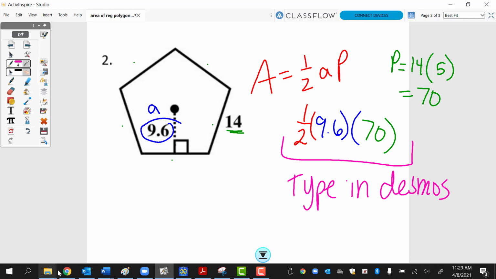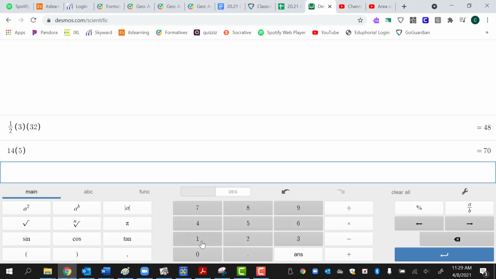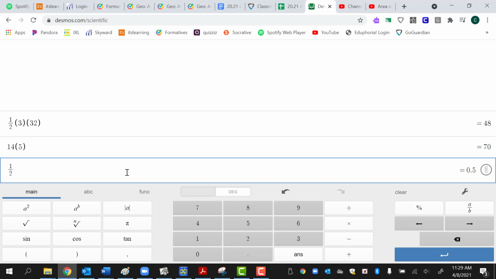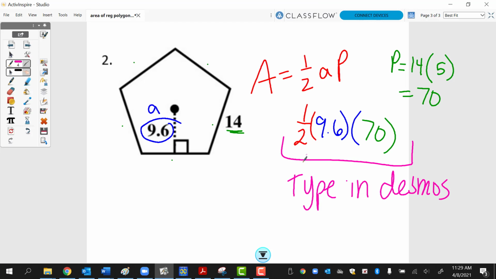So we're typing in the calculator 1/2 times 9.6 times 70. And we got 336 for our area. And that's pretty much it.